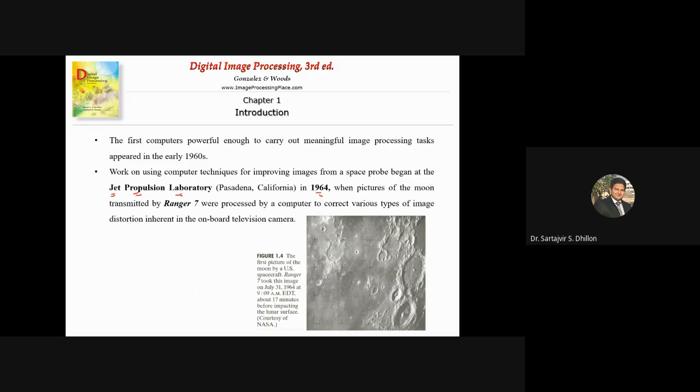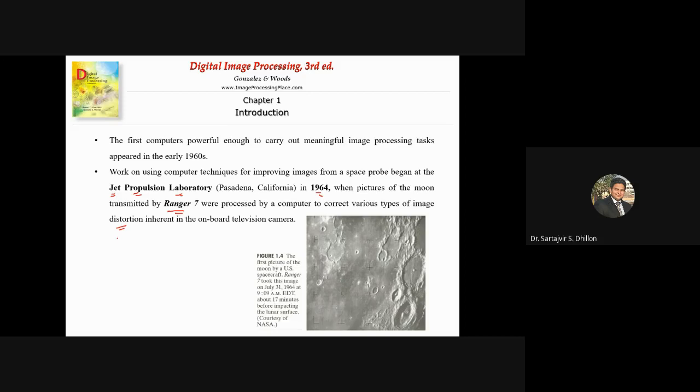It is the first time that the picture of the moon transmitted by Ranger 7, launched by NASA, was processed by a computer to correct various distortions in the atmosphere and some different illumination effects.